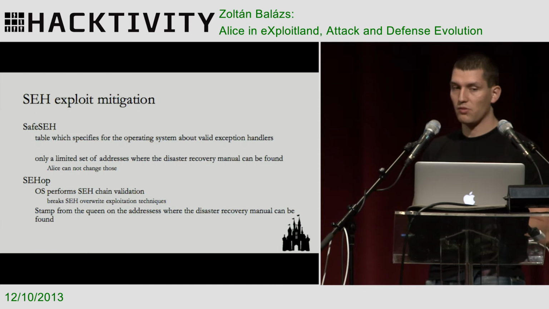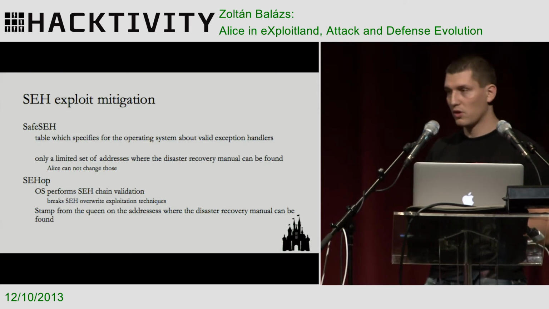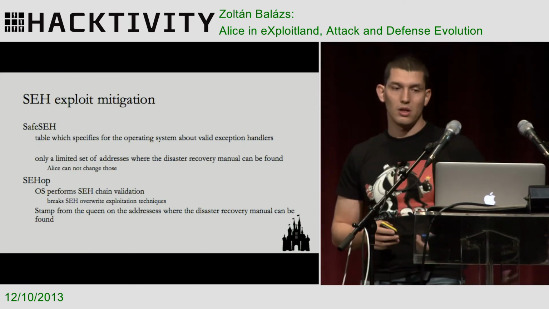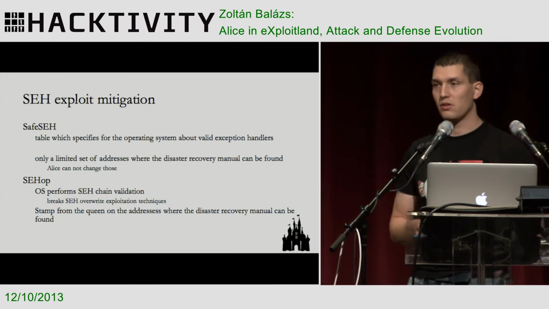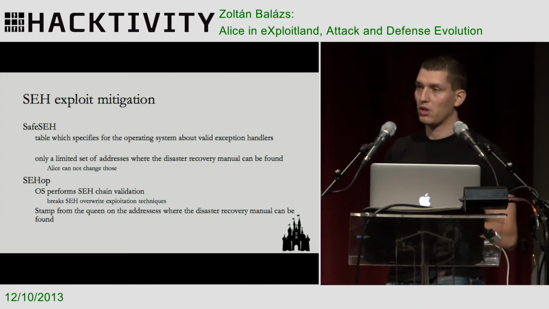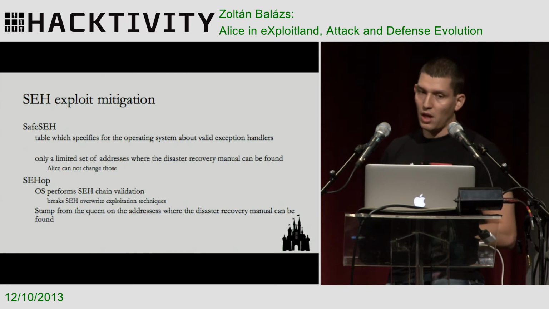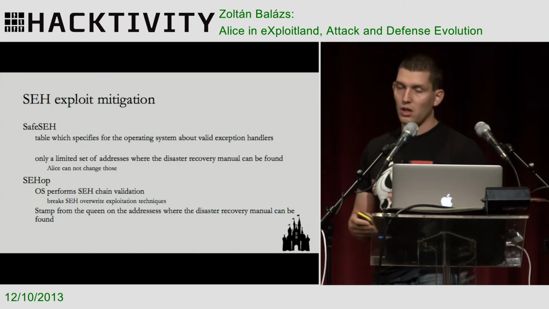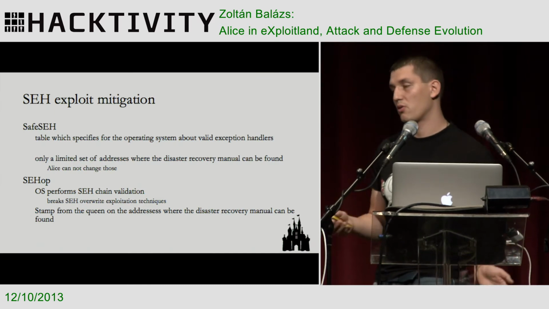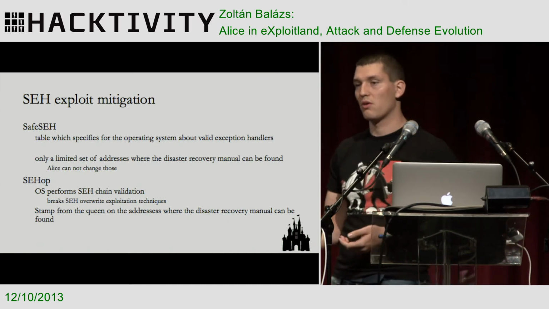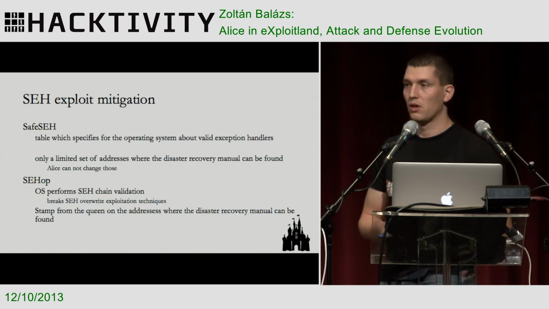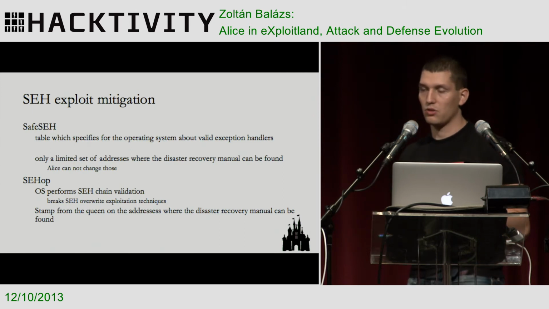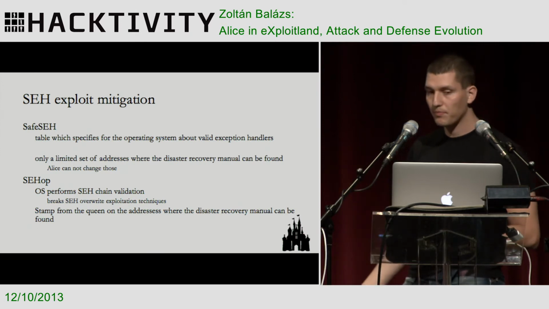For example, SafeSEH, which is about a limited set of valid exception handlers which the operating system will accept. This is similar in the case of Alice when there is only a limited set of addresses where this disaster recovery manual can be found. So Alice cannot change those to an address she controls.